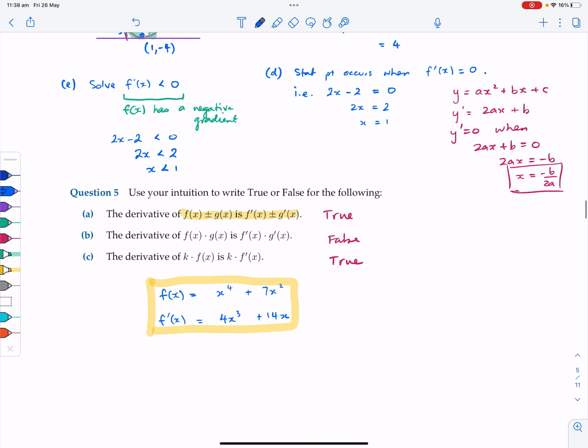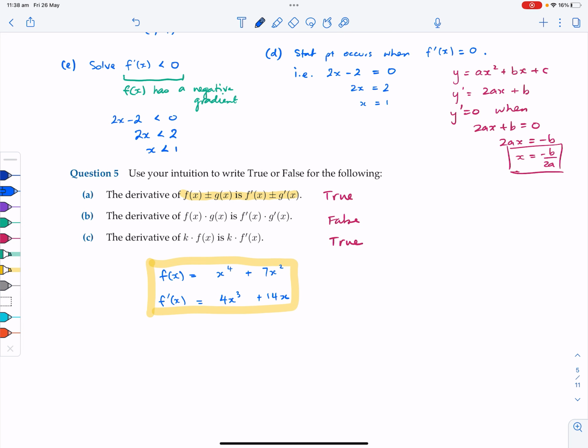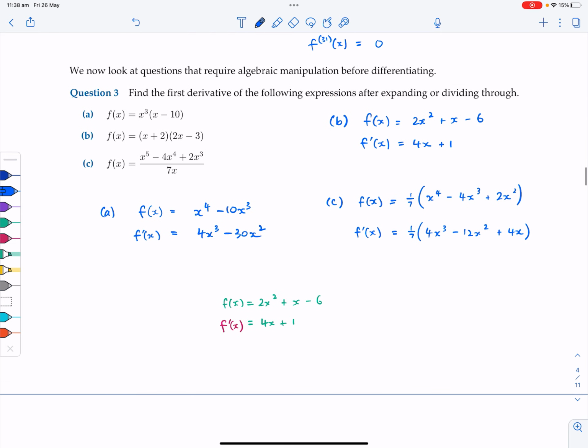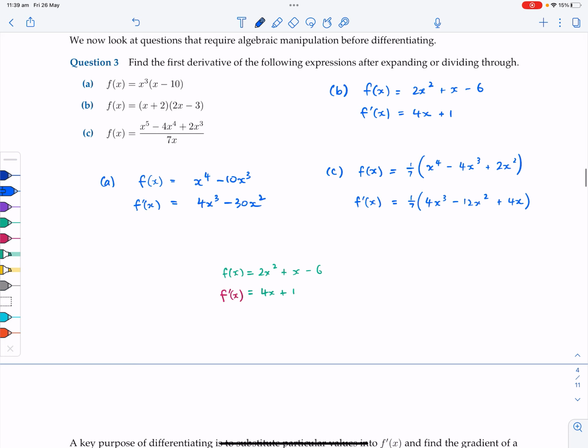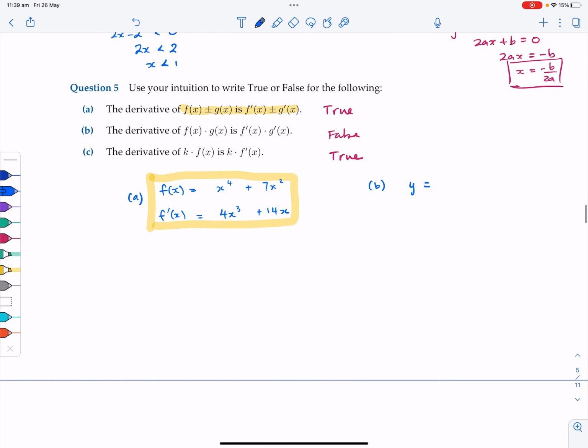Okay, carrying on. So part B is false, right? So I'll just label that as part A, right? Part B, I'd like to consider, say, y equals, well, we had before, y equals x plus 2 times 2x minus 3.